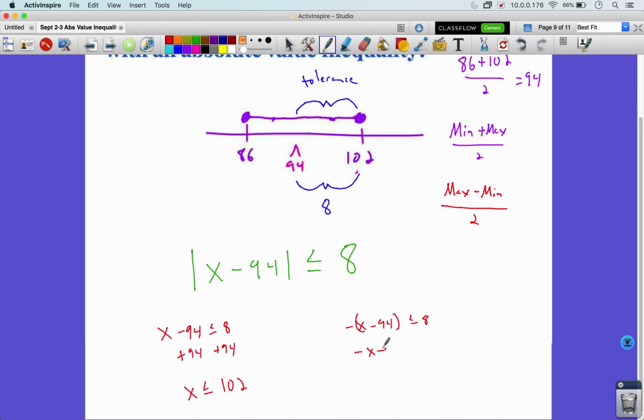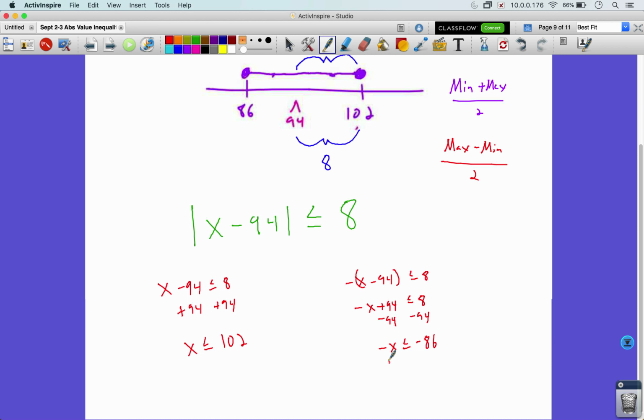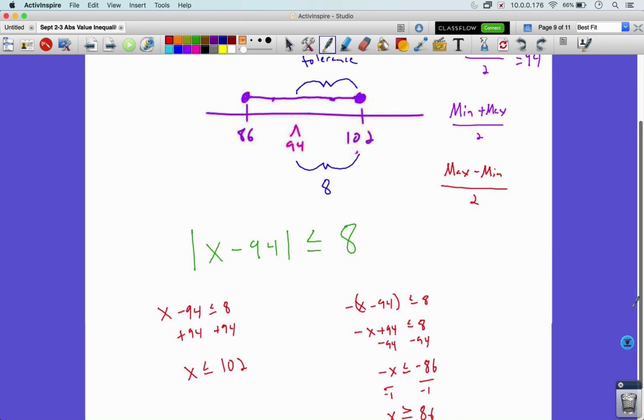Negative x plus 94 is less than or equal to 8. Minus 94 from both sides. We get negative x is less than or equal to negative 86. Divide by negative 1. X is greater than or equal to 86. Yep, we get both halves of it when we solve that.